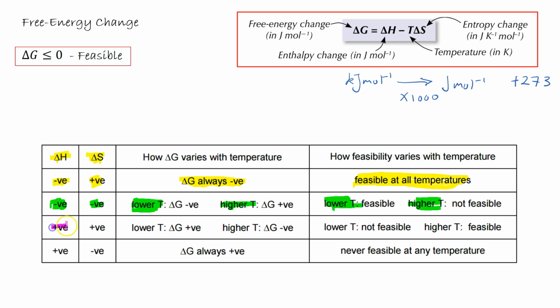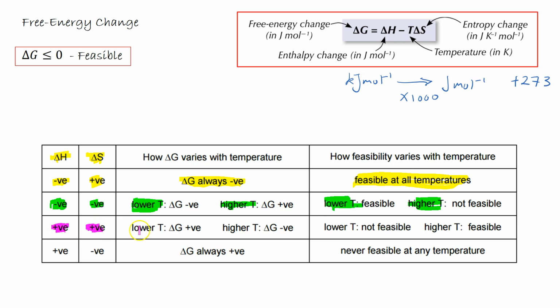Now, if we've got an endothermic reaction taking energy in, and we've got a positive delta S, well, this might be an example if we were looking at a thermal decomposition. That's an endothermic reaction, and we're going to be producing gas.